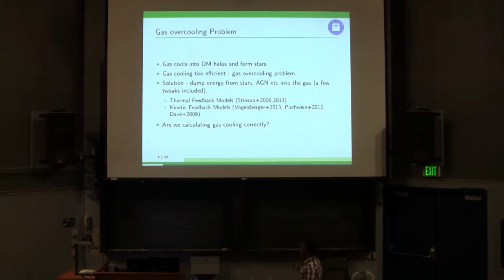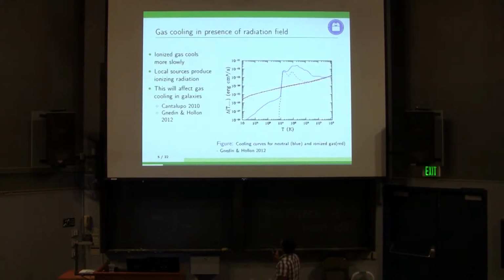But the question I am asking is, are we calculating the gas cooling itself into the halos correctly? There's this plot by Gnedin and Hollon who show that the gas cooling is quite different depending upon the photoionization state of the gas. The cooling of gas not only depends upon the density and temperature, but also upon the photoionization state of all the elements in the gas.